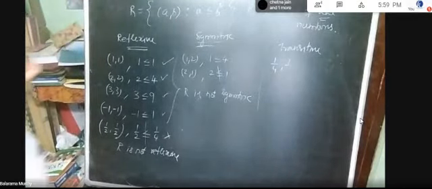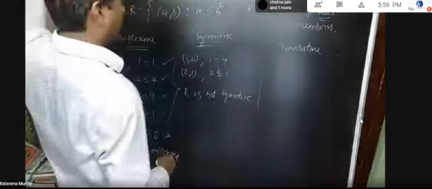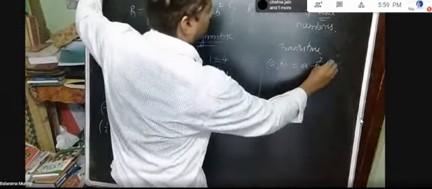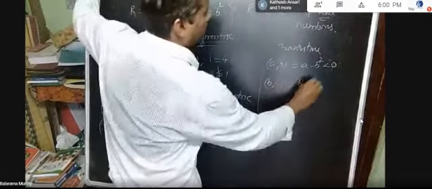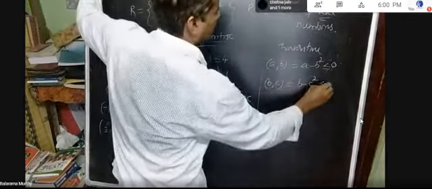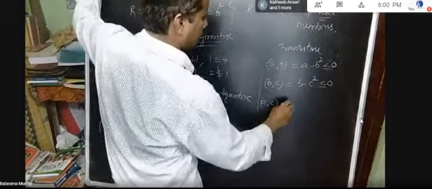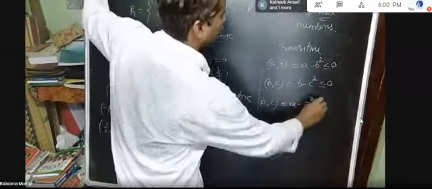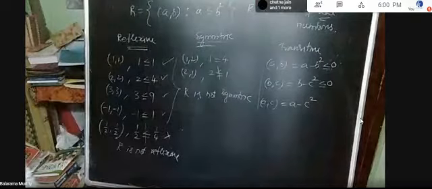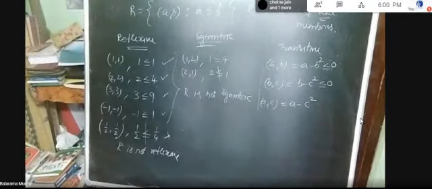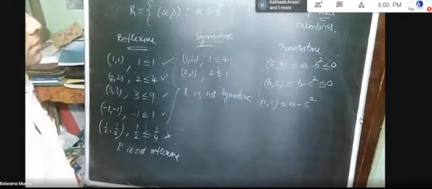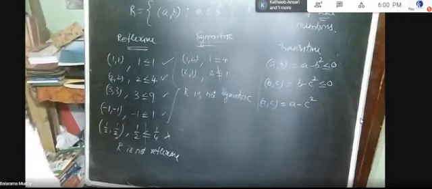With (A, B) in general, by applying the general. By applying the general means what? (A, B), which means A is less than or equal to B square, (B, C), which means B is less than or equal to C square. Then what about (A, C), which means A is less than or equal to C square.